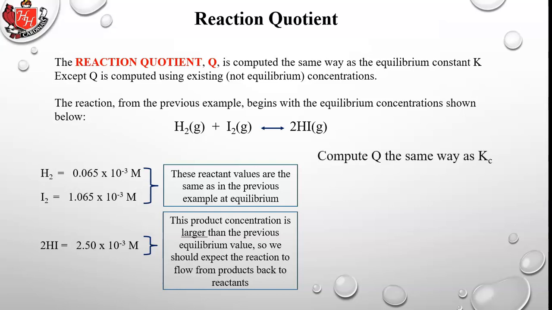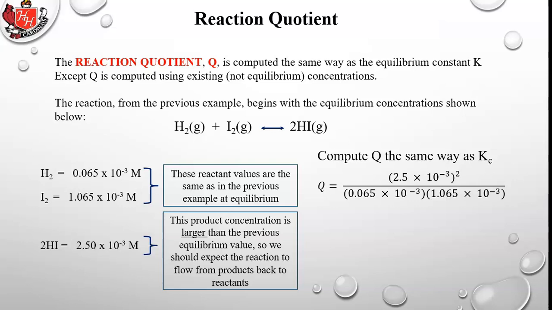So compute Q the same way as Kc, so this is how you would do it. You'd put products on top and raise them to the power of the coefficient. So 2HI means the 2 in front of HI would become the exponent, and then you plug in the number that we have down there for the concentration of HI. On the bottom in the denominator, you have the 0.065 times 10 to the negative third and the 1.165 times 10 to the negative third.